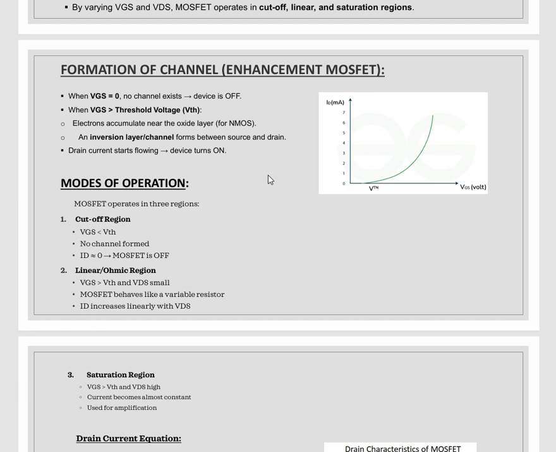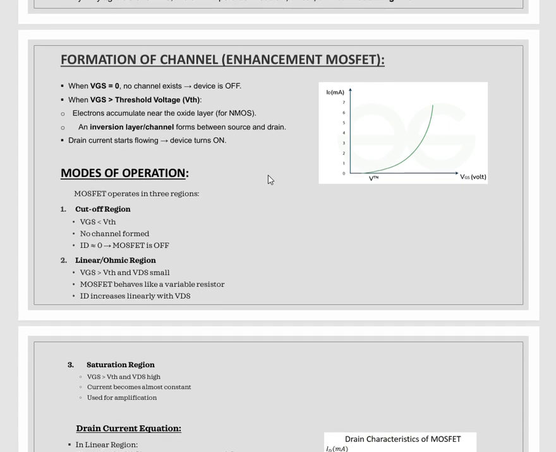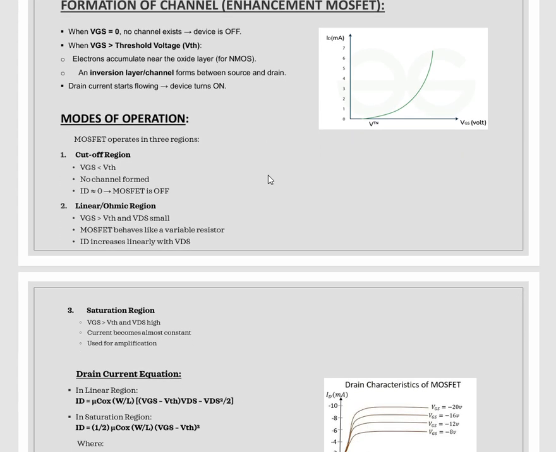The drain current starts flowing. It means the device turns on. Modes of operation. MOSFET operates in three regions: cutoff region, linear region, and third is saturation region.